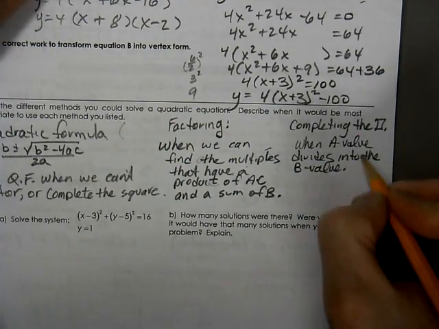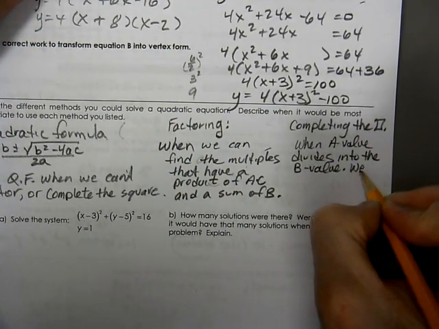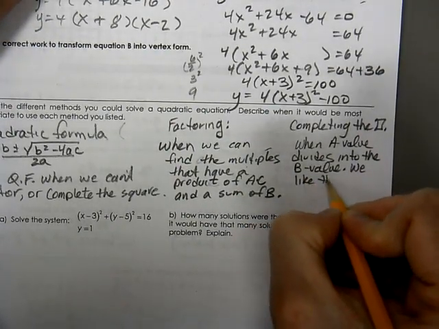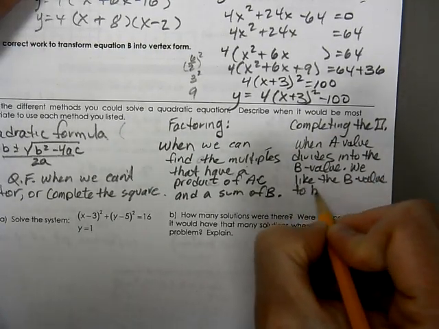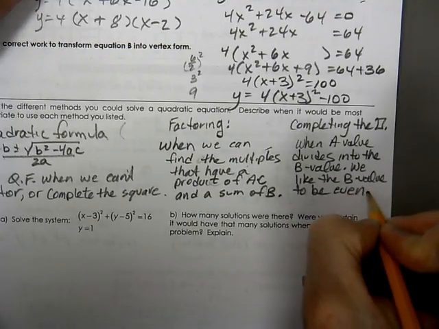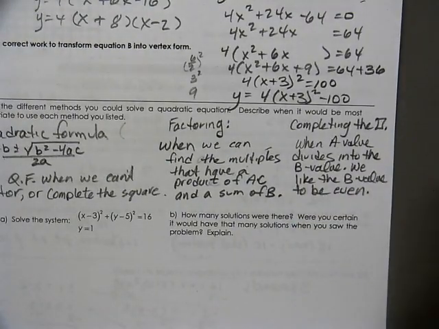And we like the B value to be even, because we like to take half of the B value.